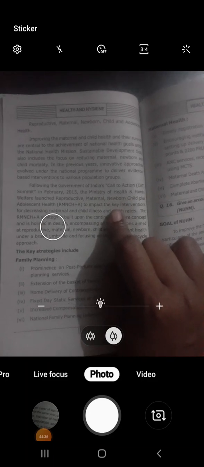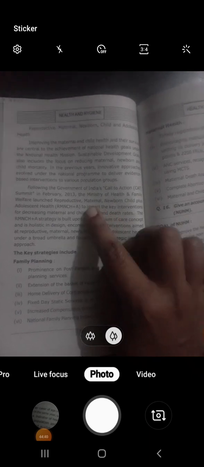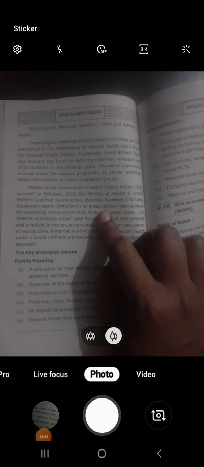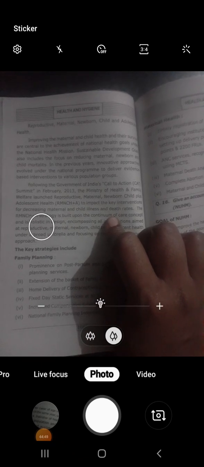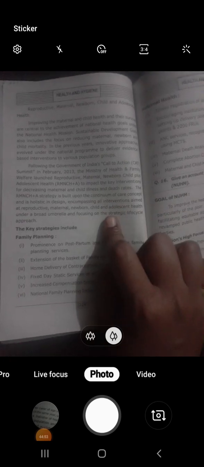The Ministry of Health and Family Welfare launched the reproductive, maternal, newborn, child plus adolescent health strategy. So RMNCHA is nothing but reproductive, maternal, newborn, child plus adolescent health, which is a key tool for decreasing maternal and child illness and death rates.